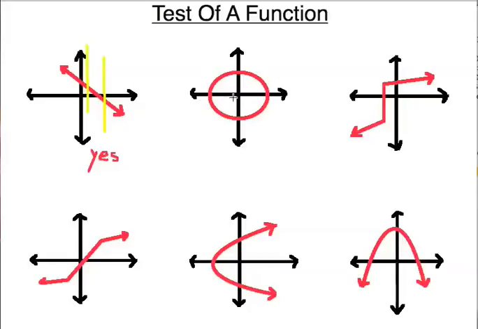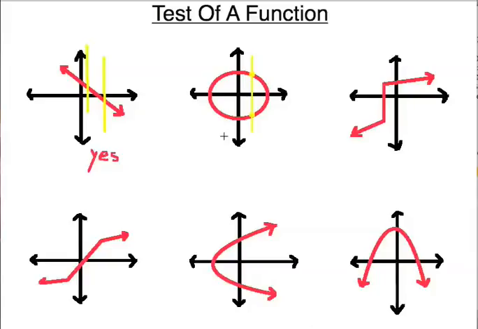Let's take a look at this one. At six o'clock, I can draw a vertical line here and make it pass through more than one point. It's passing through a point right here and right here.